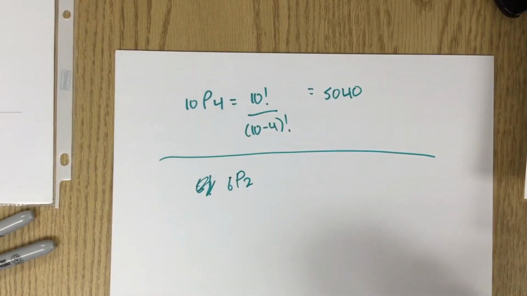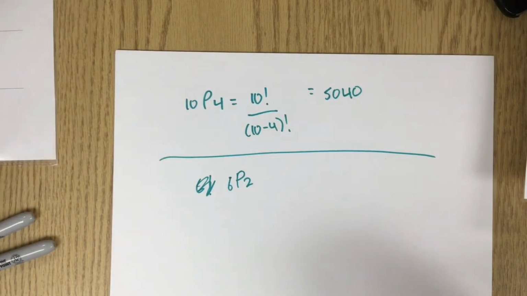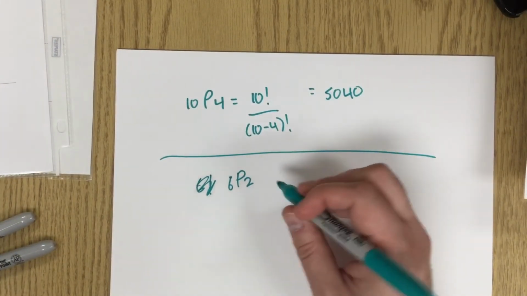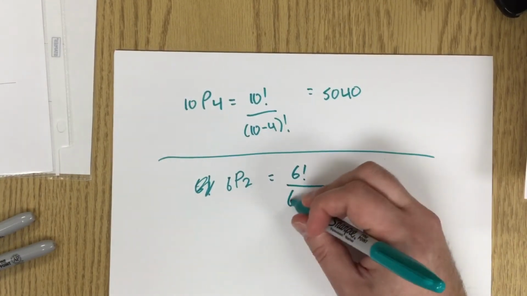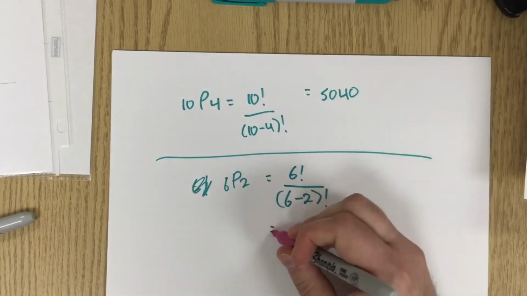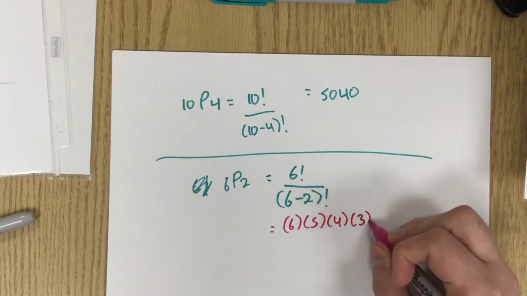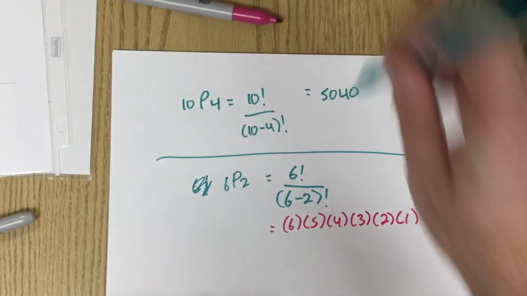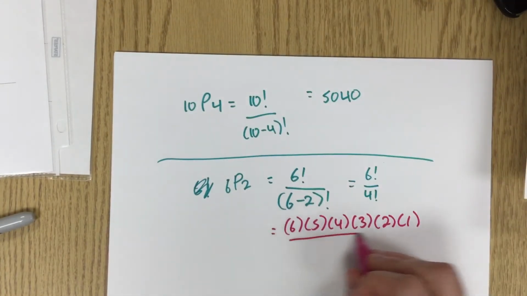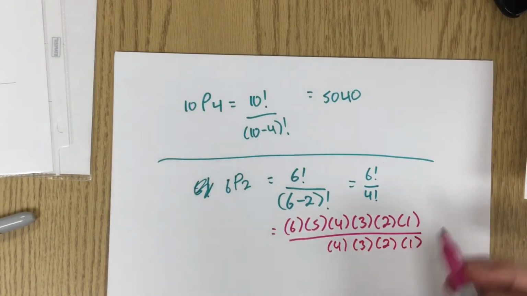That's the same as 6 factorial over (6 minus 2) factorial, which is 6 times 5 times 4 times 3 times 2 times 1, all divided by 4 factorial, which is 4, 3, 2, and 1.